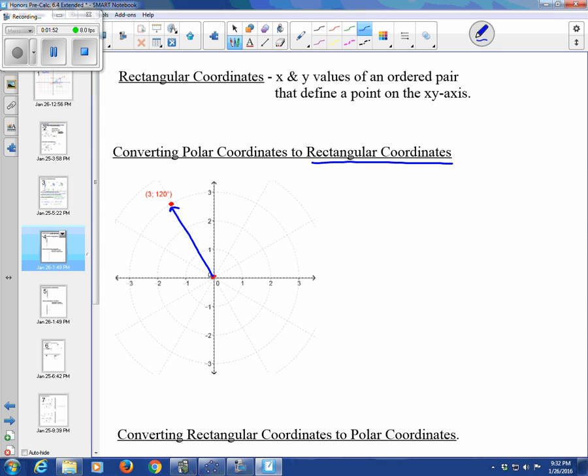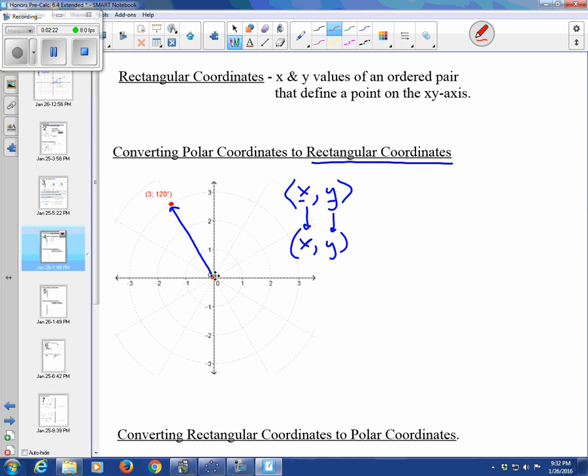We know that the component form of a vector with its tail at the origin is going to have the horizontal component of the x value at the head of the vector and the vertical component of the y value at the head of the vector, right? So horizontal and vertical components directly relate to the x and y value of the ordered pair at the head of the vector.